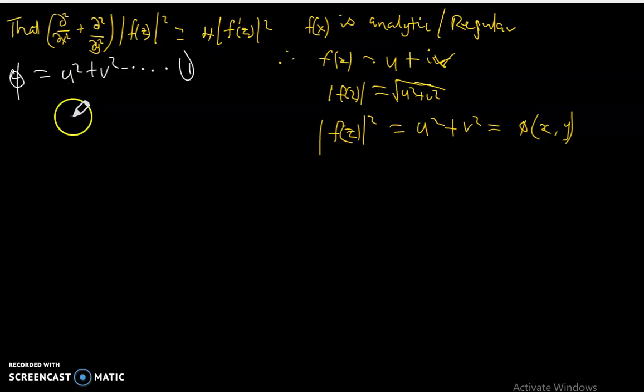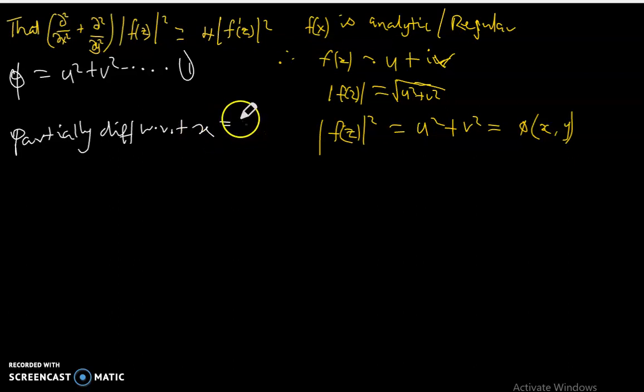We need to partially differentiate this with respect to x, and this will be done 2 times because it is the second partial derivative.